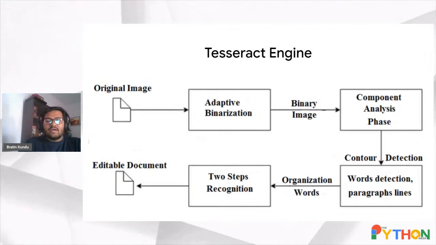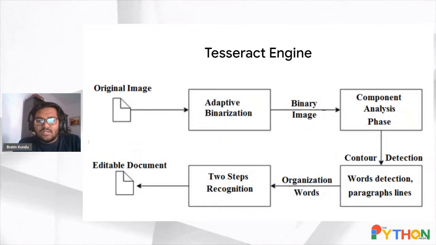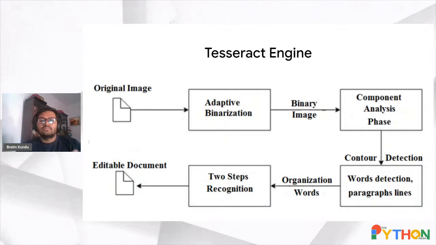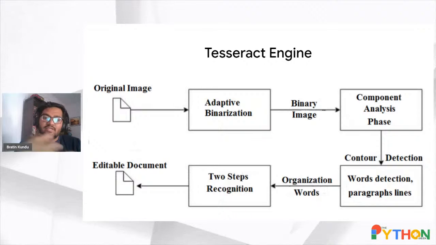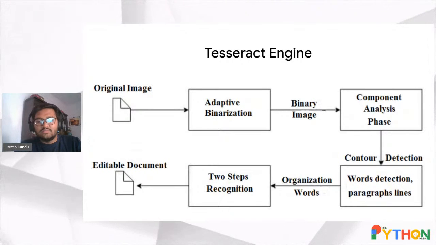So we have something that is called the Tesseract open source engine. So what is Tesseract? Tesseract is an open source text recognition engine, and that was initially a PhD project at HP Labs, and later it gained popularity because it was developed so well, and HP released its own Tesseract open source software.